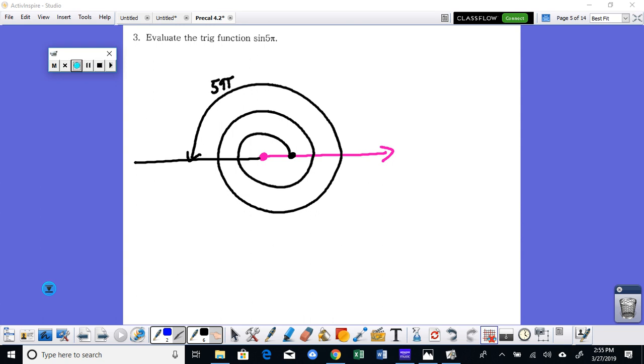What's my ordered pair here? It's on the x-axis, on the left side. -1, 0. Sine of 5 pi is equal to the y value at that point. So what's sine of 5 pi? 0.